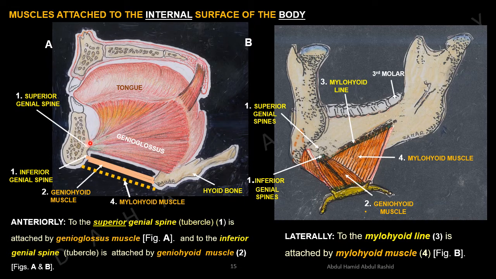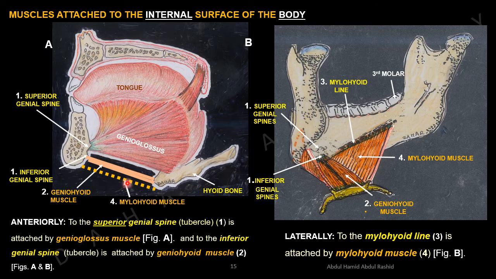The superior genial spine is attached by the very big genioglossus muscle, which runs up and attaches to the tongue. And what about the inferior genial spine? It is attached by the geniohyoid muscle. If you see here, this is the geniohyoid muscle attached to the hyoid bone behind.